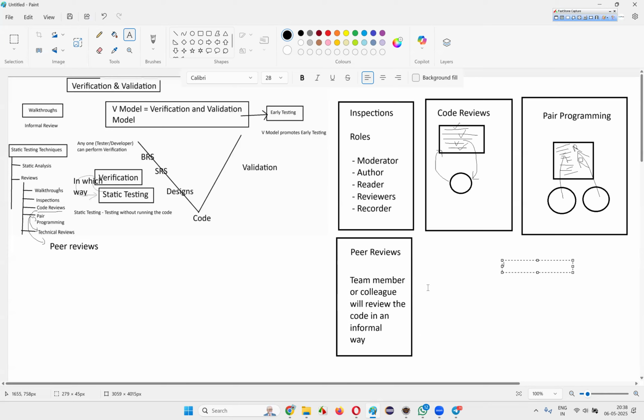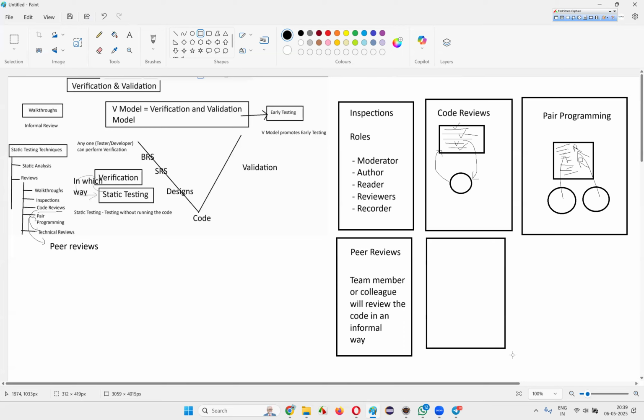That is peer review. In pair programming, one developer writes and one developer reviews. Code review is a common term. Whereas the other one is technical reviews.